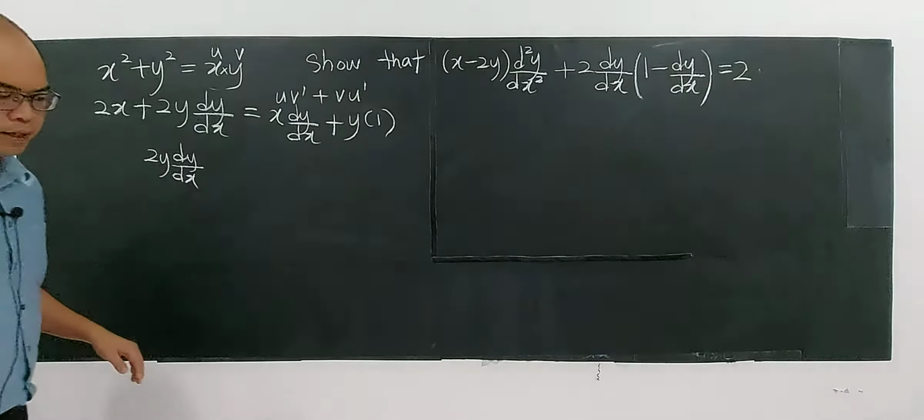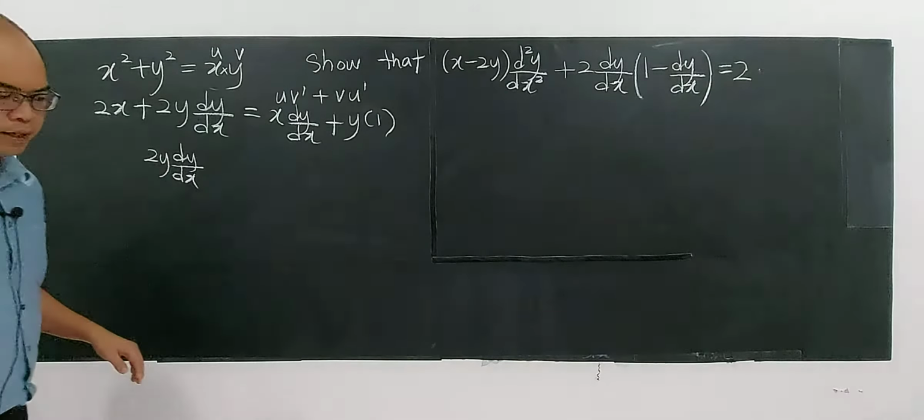So here I still have y: x dy/dx minus 2y dy/dx plus y equals 2x.